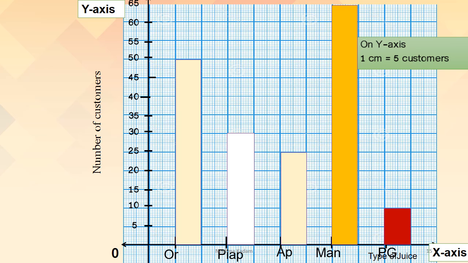Okay. So in this way we have shown the graphical representation of the number of customers who came to a juice center during 1 week, with on the y-axis 1 centimeter equals 10 customers in one graph and 1 centimeter equals 5 customers in another graph. The difference is that here 25 is clearly visible. Okay. So in this way we can show a graphical representation and draw conclusions from that graph.